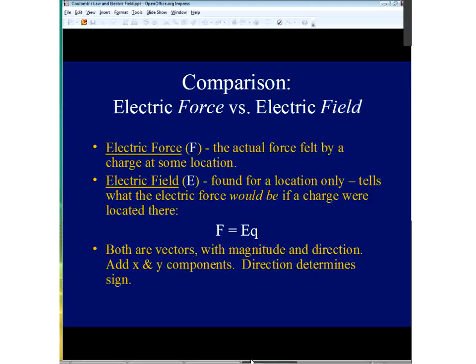That is why I was talking about positive test charge. Because if I keep the charge positive, then vector F and vector E are in the same direction. But if I keep the test charge negative, then they become in opposite direction.